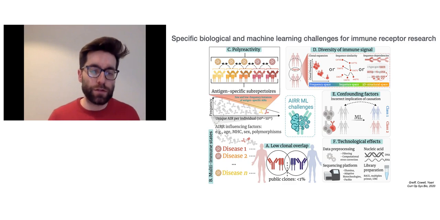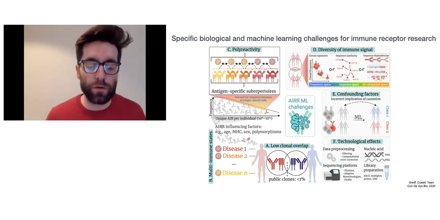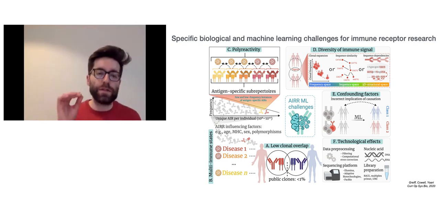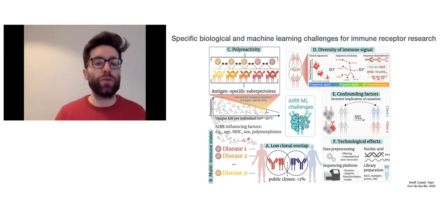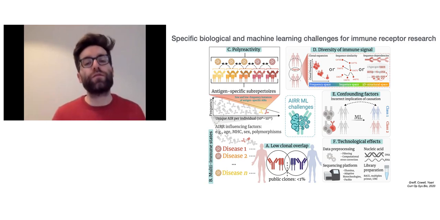For one individual, now we're at B, we can have multiple immune states, or if we are on the sequence level, we also have polyreactivity, right? So how do we even generate the data to have this kind of information? But even if we had this information, how would we cope with this in a machine learning framework, especially since we know that the disease signal can be quite low.